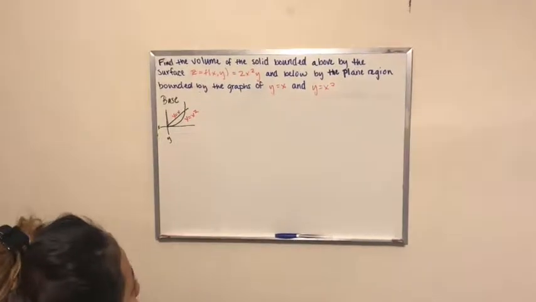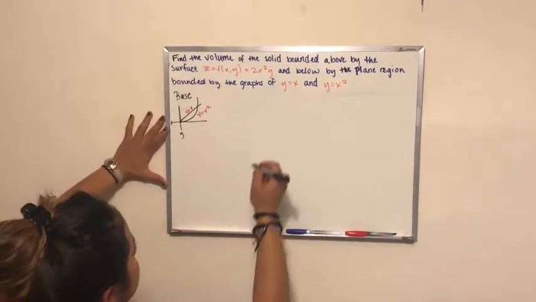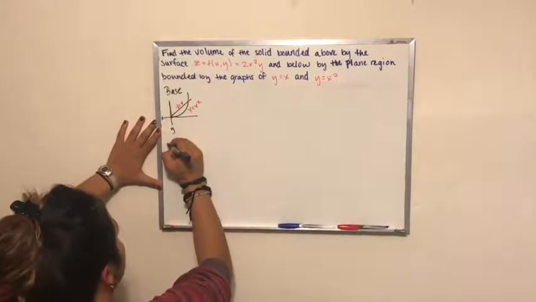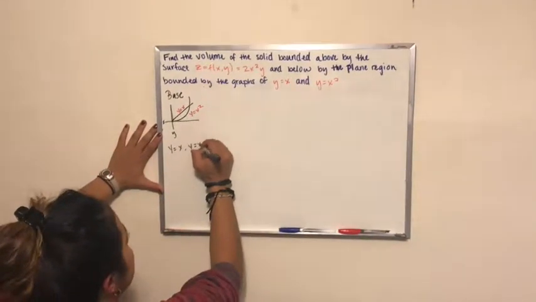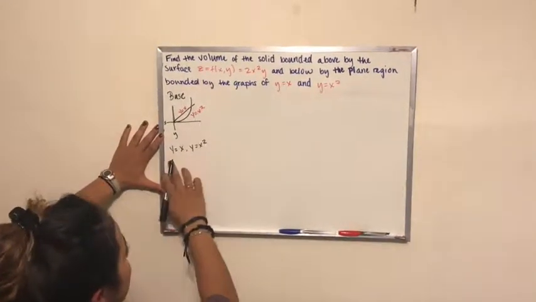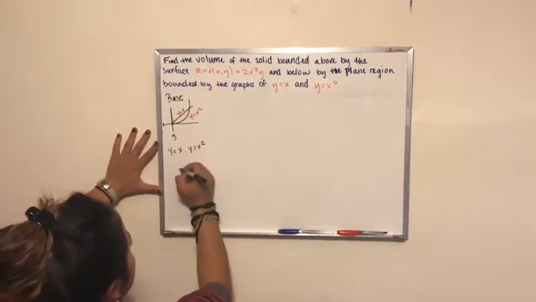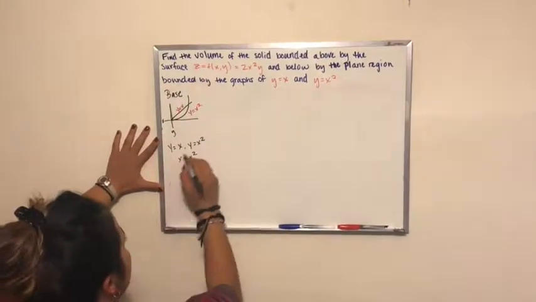Next, we need to find the two x points that we will be evaluating in the integral. And I'm going to find it by using these two equations, y equals x and y equals x squared. So it's given that y equals x, so I'm just going to put this into the second equation and solve for x.